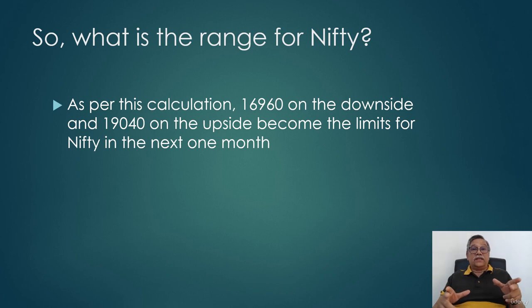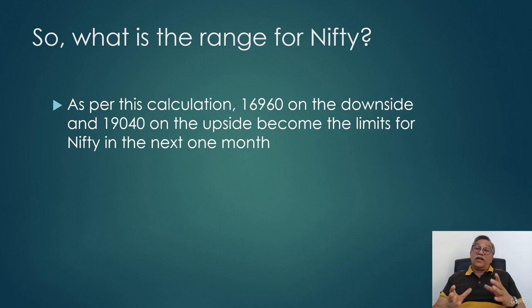If you consider this 18,000 multiplied by monthly VIX, whatever percentage you get, you will get 16,960 on the downside and 19,040 on the upside. These become limits for Nifty in the next 1 month if annual volatility is 20 and Nifty is at 18,000.